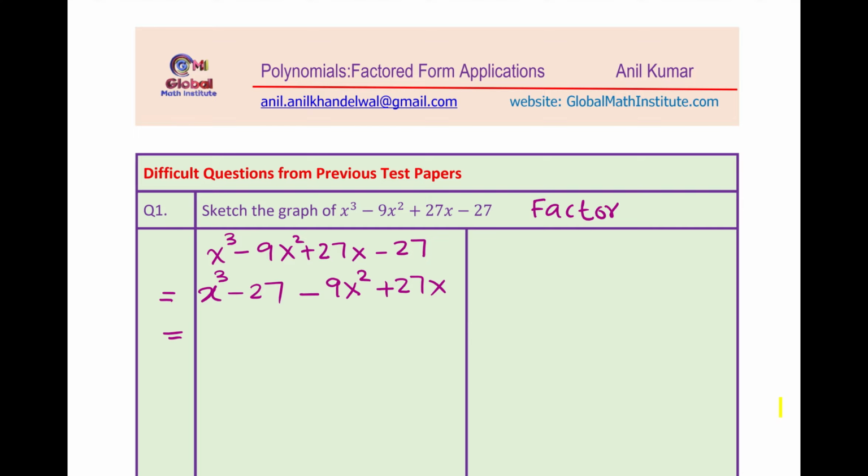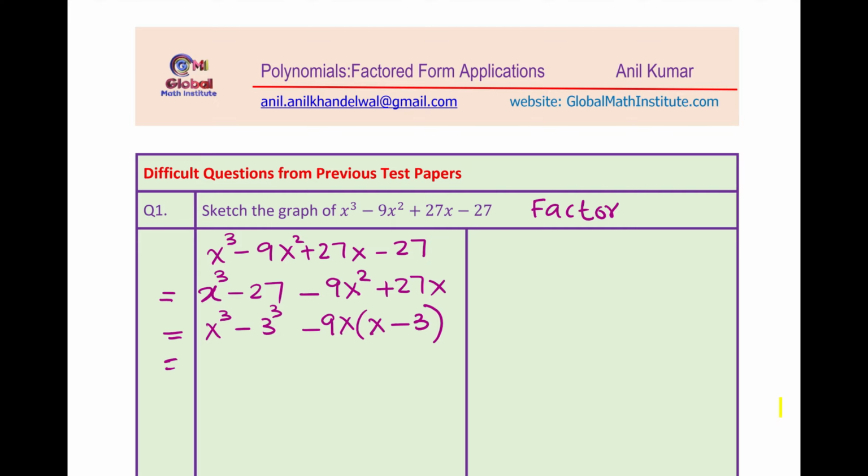So here we have x cubed minus 3 cubed. We can apply the formula. And here 9x is common, and that gives you x minus 3. Do you see that x minus 3 is developing as a common factor? That is what you need to identify in such questions.